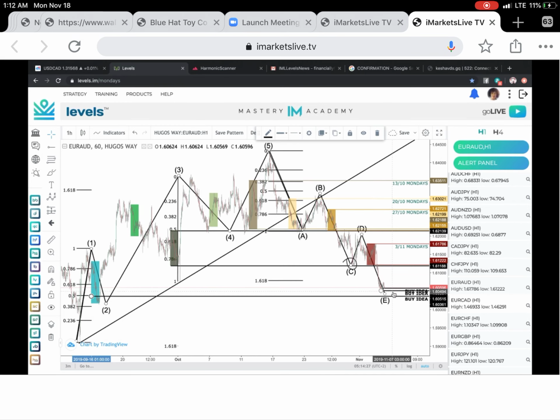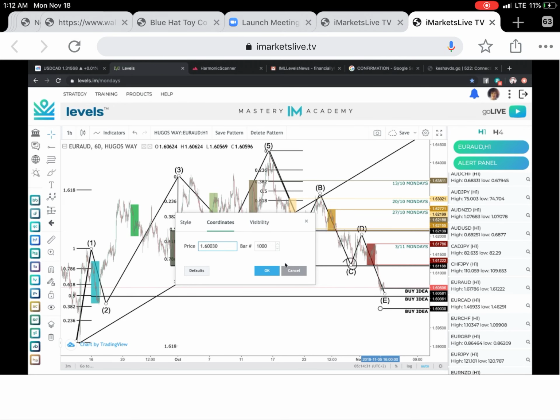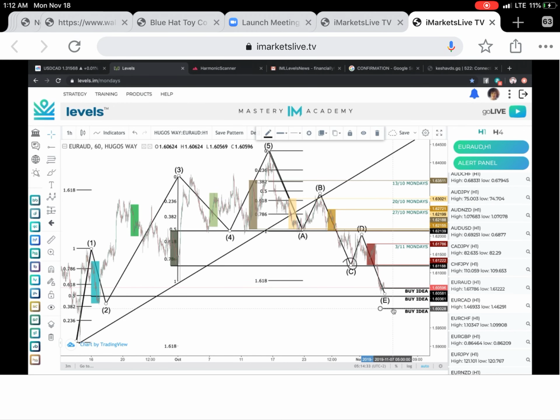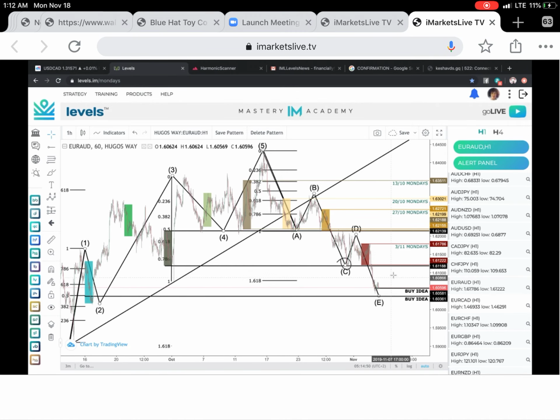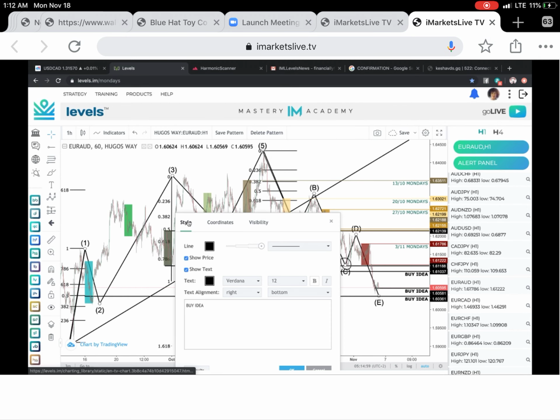So it could come down just a little bit more to that 50% zone. Now I need to find a take profit. Take profit is going to be at Monday, right there. It's already there, so we're going to put a possible TP right around the zone here.